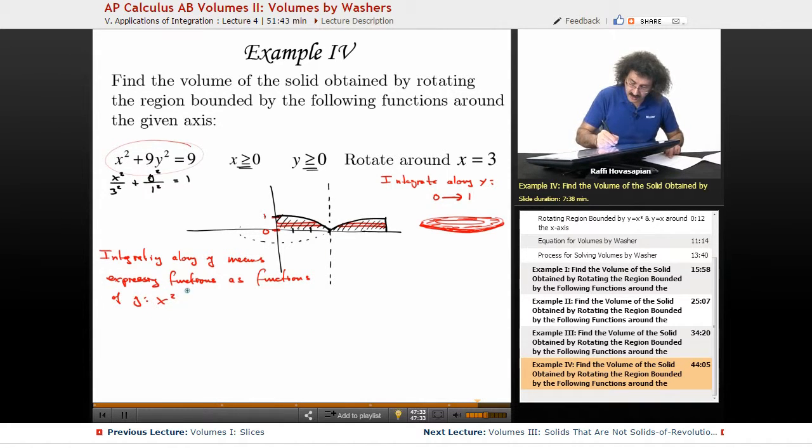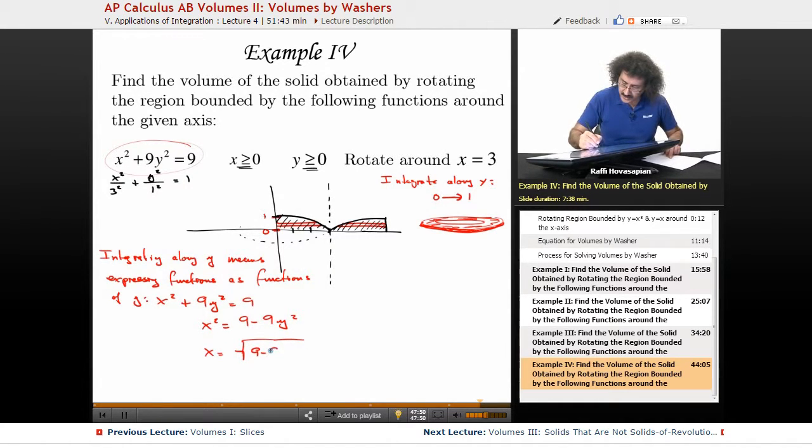Now I've got x squared plus 9y squared equals 9. I've got x squared equals 9 minus 9y squared. I have x equals radical 9 minus 9y squared. Don't worry about simplification. Just leave it as is. You know, pulling out 9s and 3s, it's not even worth it.